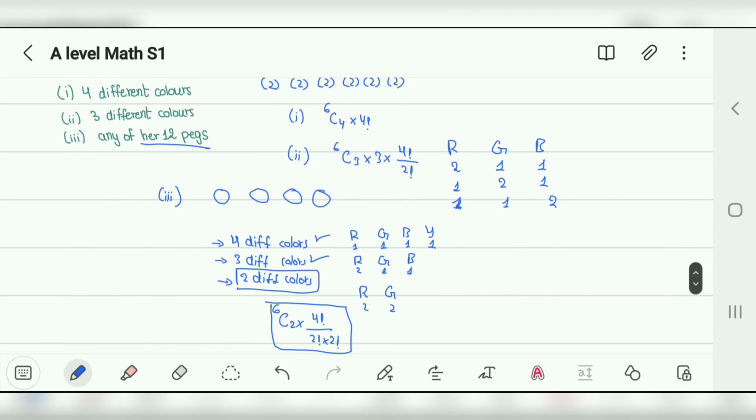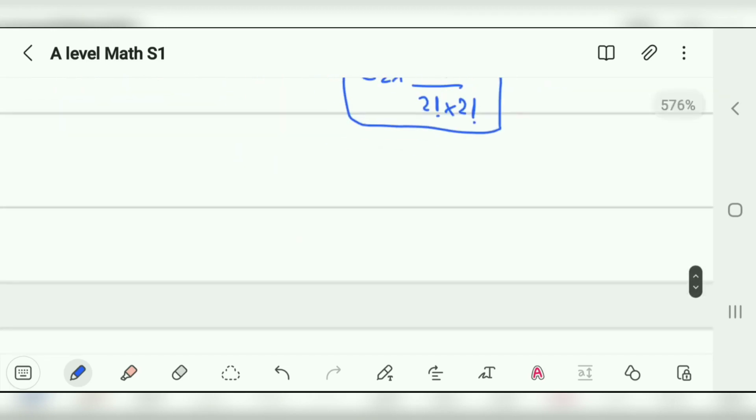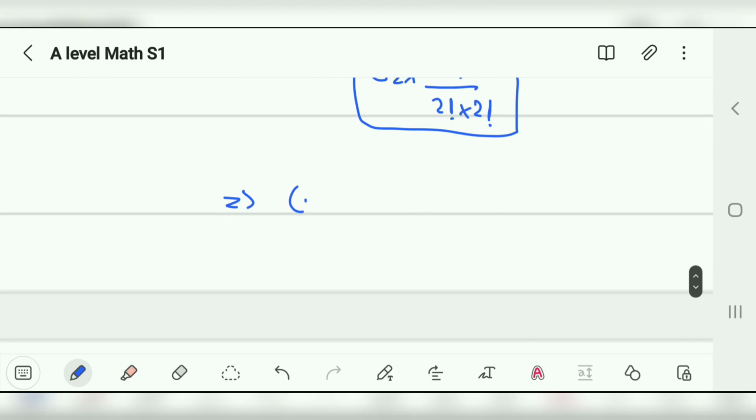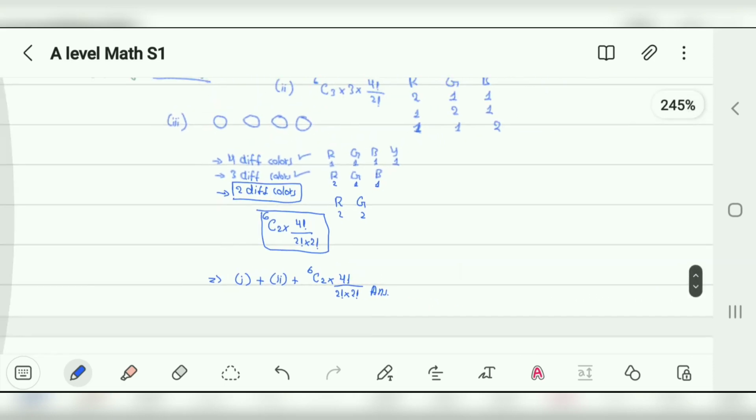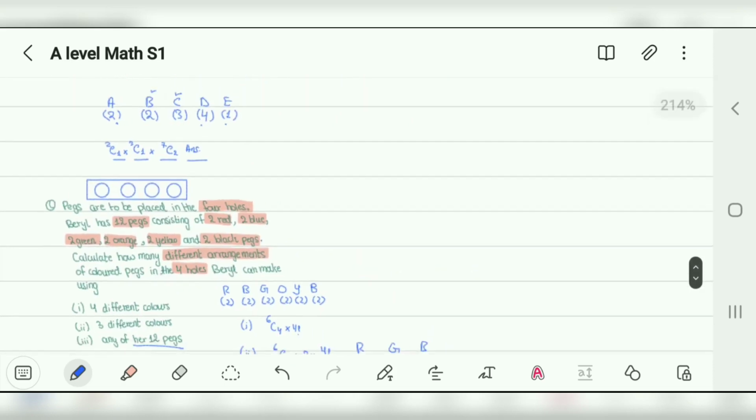We're going to add part 1, part 2 and this one. Okay, and this is the answer, and I think that we are done.